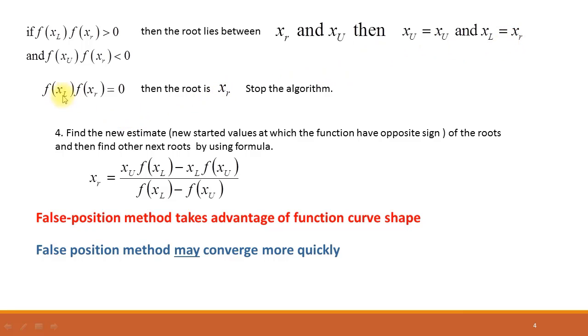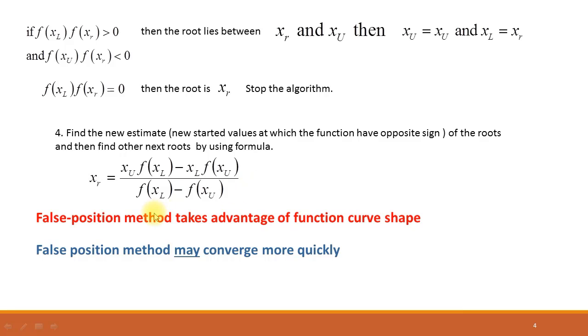And if the product of the function estimates at xl and xr is equal to 0, then the root is xr and stop the algorithm. Then find the new estimates, new starting values at which the function has opposite sign, and then find the next roots by using this formula.